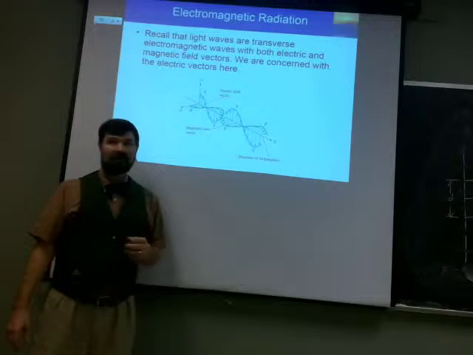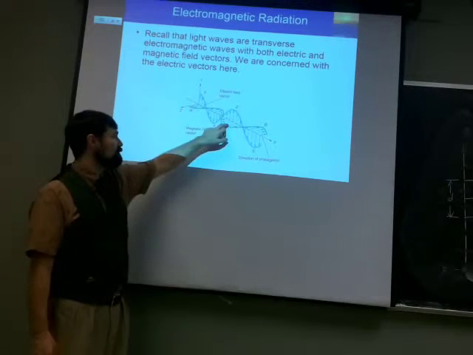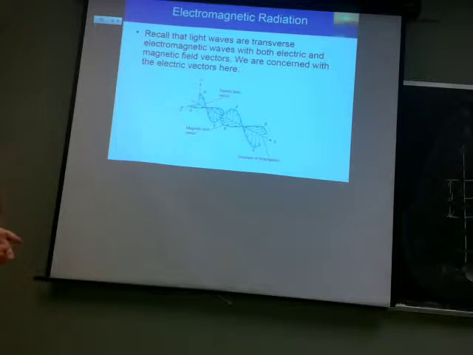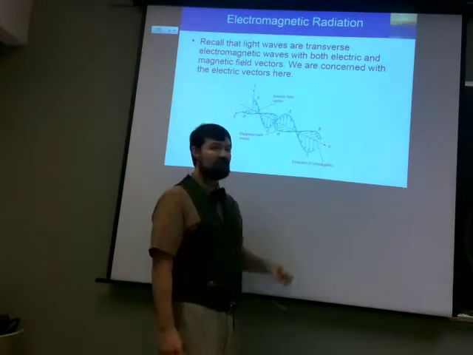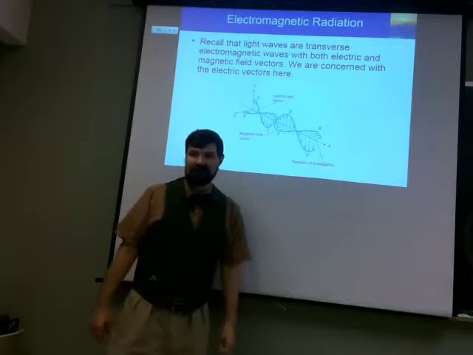Magnetic fields apply forces on charges which are perpendicular to the direction in which the field is pointing. And also you have to have a moving charge for them to apply some force. So light consists of something like this. It's a changing electric field strength, a changing magnetic field strength.